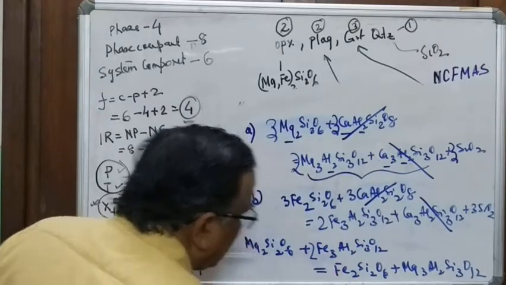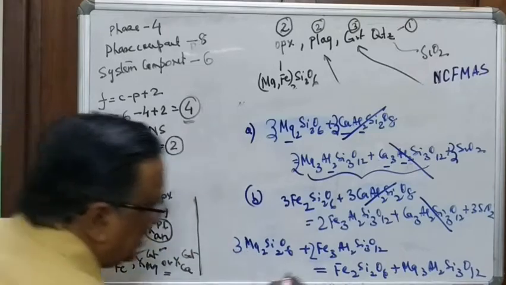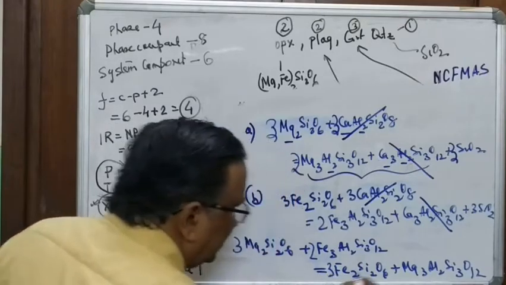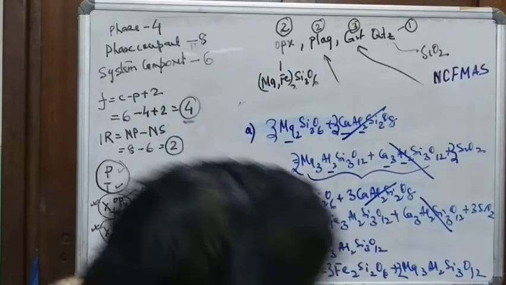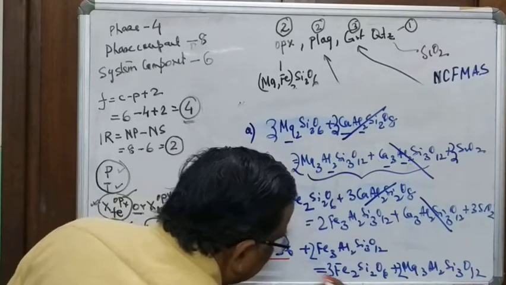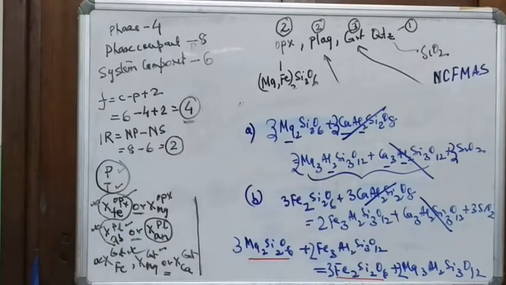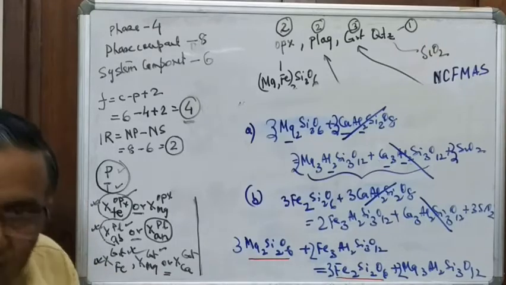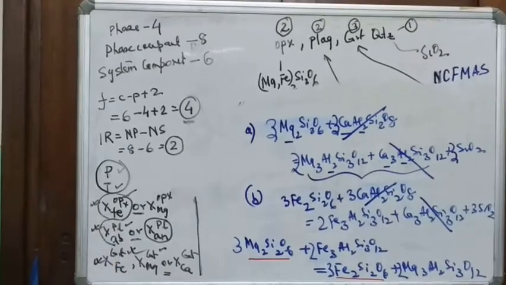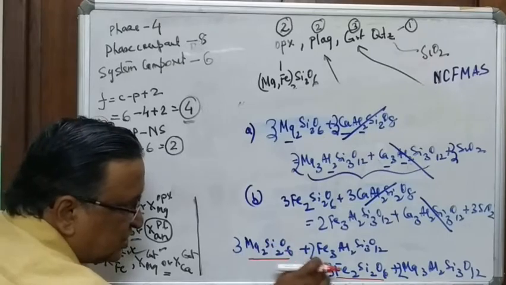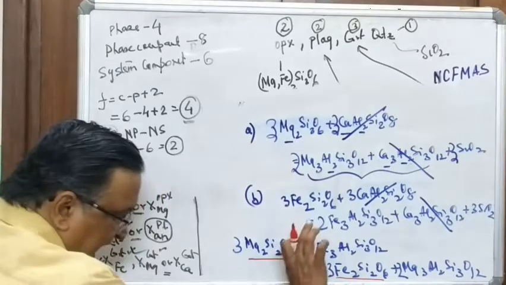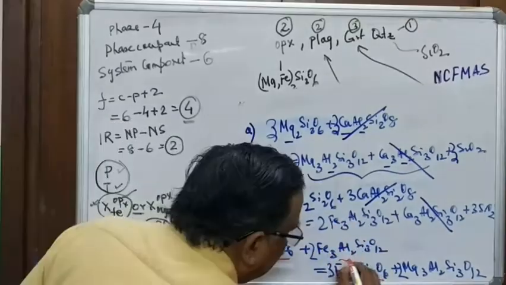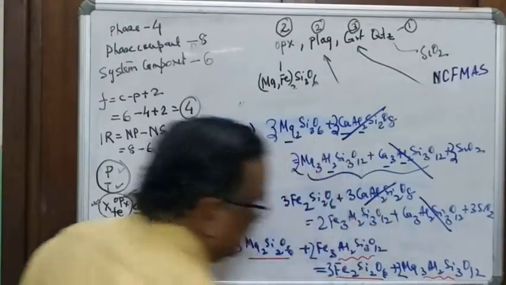So you see the 2 comes in here, the 3 comes in here, the 3 comes in here, and the 2 comes in here. Now you can see this and this are the same minerals. Mg2Si2O6, Fe2Si2O6. This is iron magnesium exchange between 2 orthopyroxenes. One is Mg2 between the 2 components of the orthopyroxene, and the counterbalancing is done by this one.